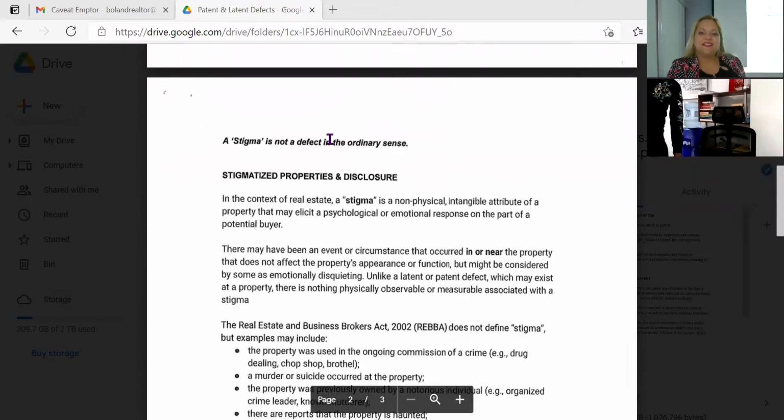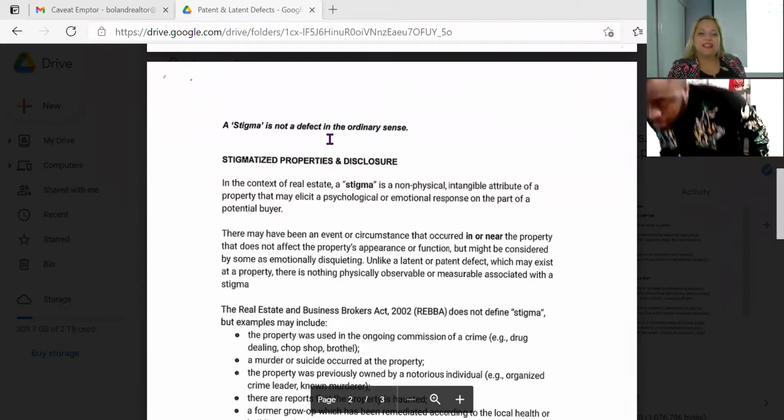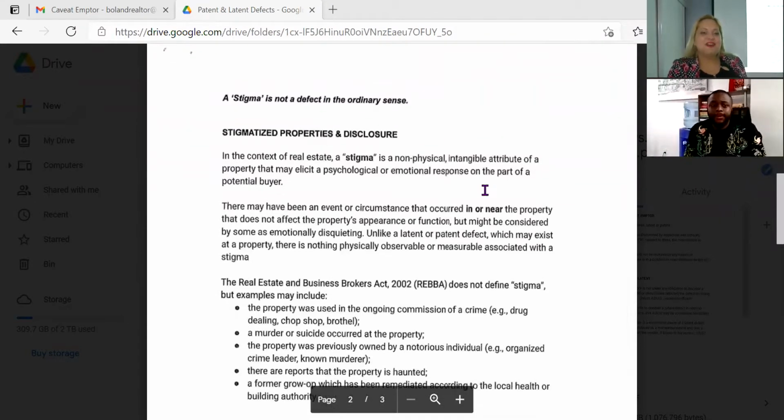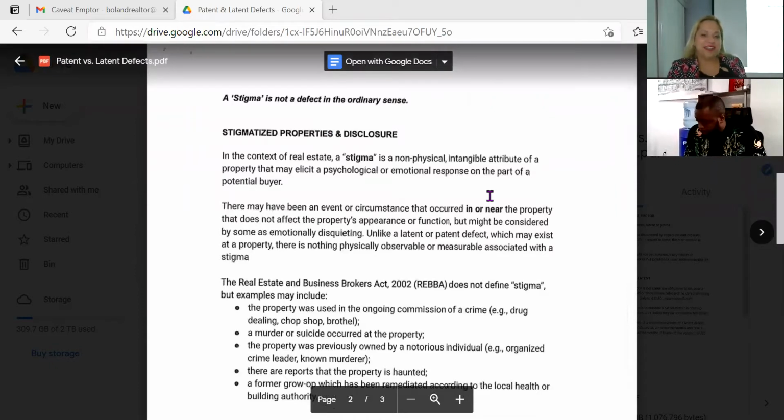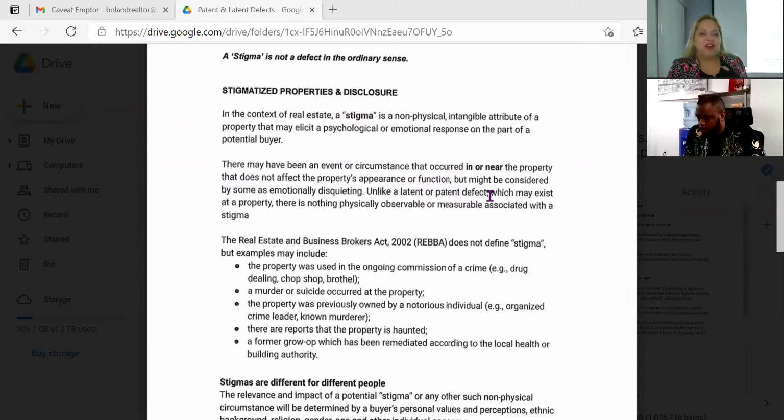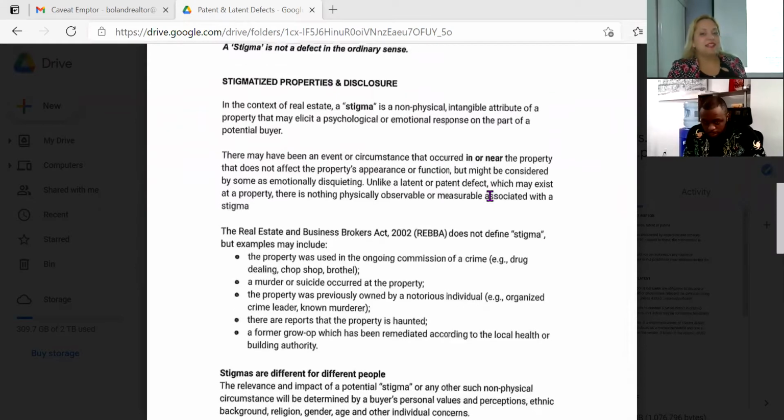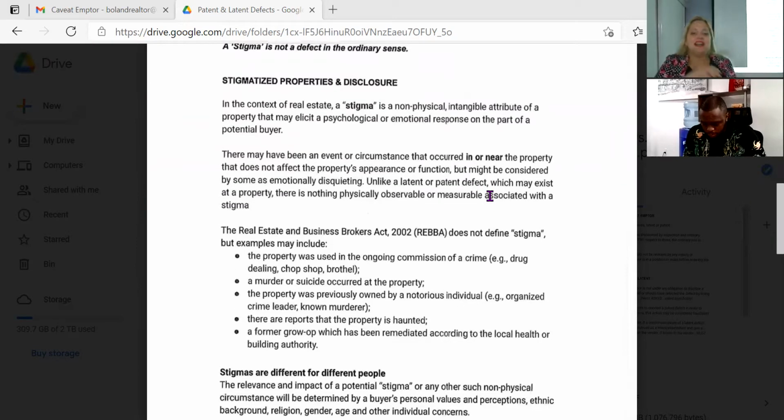All right. So stigmas are a funny subject. A stigma is not a defect in the ordinary sense. In the context of real estate, a stigma is a non-physical, intangible attribute of a property that may elicit a psychological or emotional response on the part of the potential buyer. So I know some people are like, what do you mean?